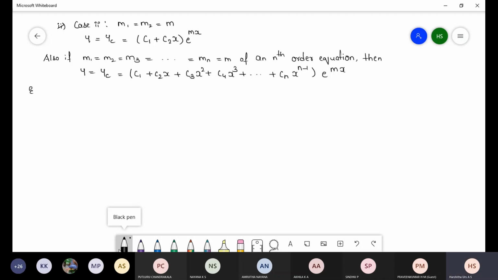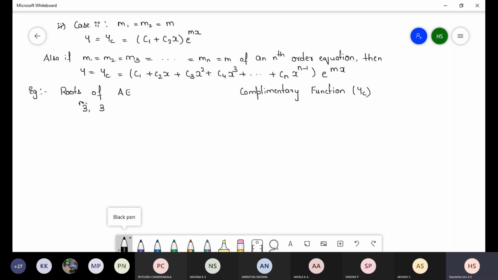So let us see the example. Again here I will write roots of auxiliary equation, and here complementary function. Complementary function, inside the bracket write yc. So first example I will take 3 comma 3.